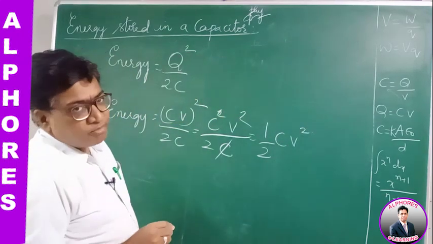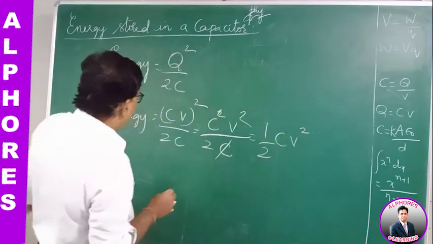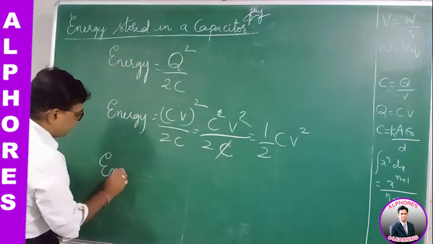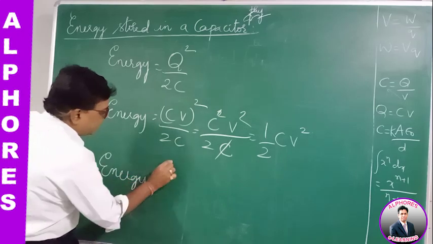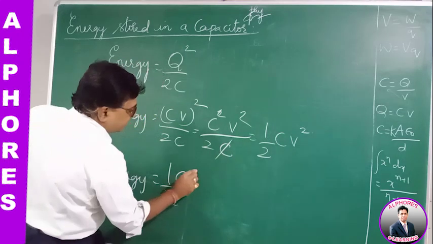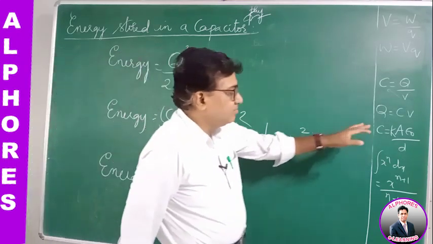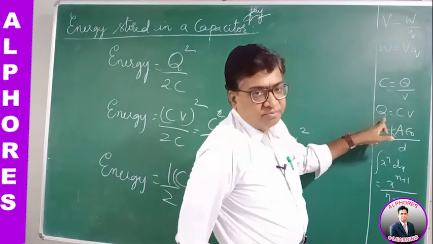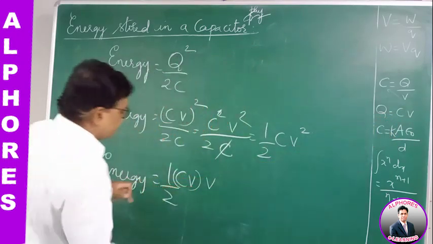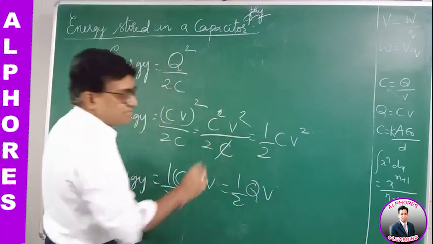This is the other form of the energy stored in a capacitor, half CV square. You can put this in simple terms also: half CV square, I shall write as CV into V. But what is CV? CV is Q, the total charge stored. So it's half QV.